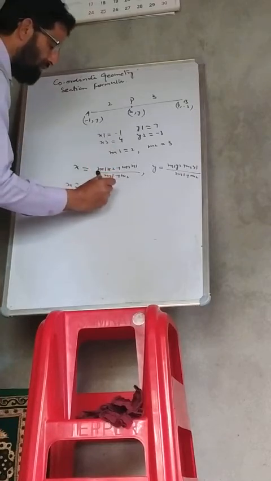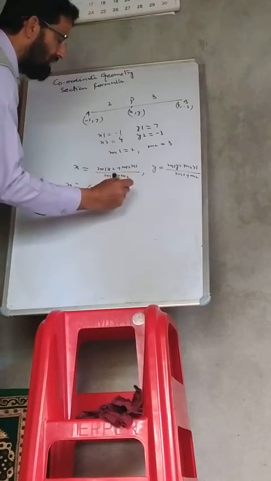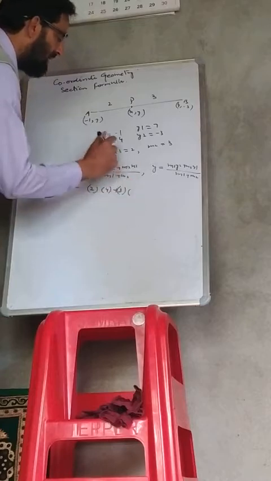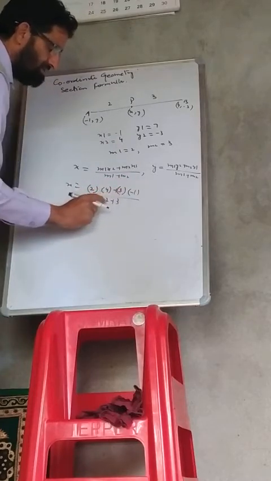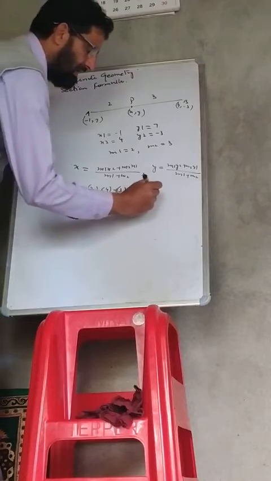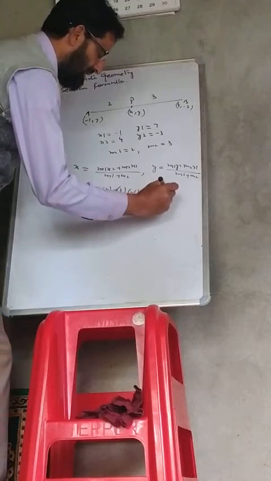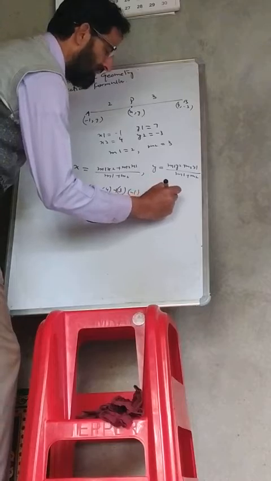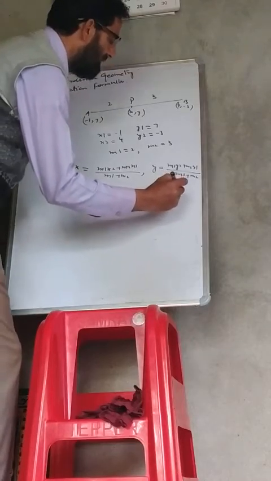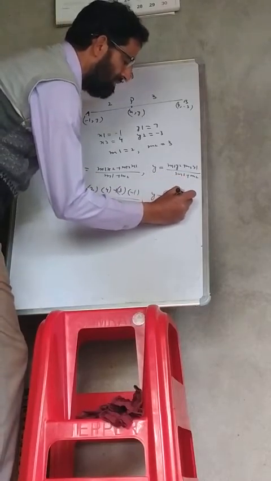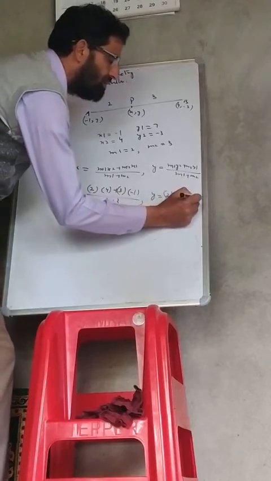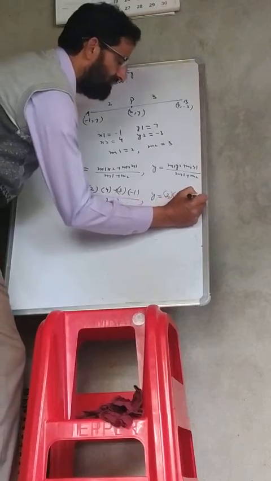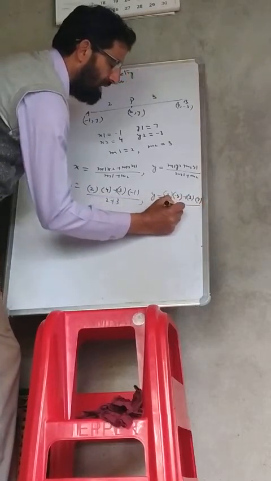It is 4, plus m2 is 3, and x1 is -1 divided by 2 plus 3. Similarly, y is equal to m1, it is 2, and y2 is -3 plus m2 is 3 into y1, it is 7 divided by m1 is 2 plus 3.